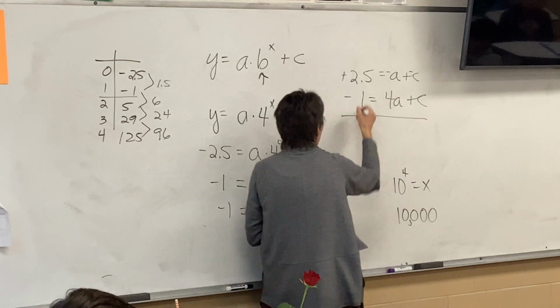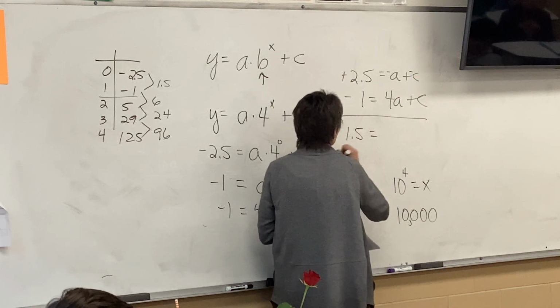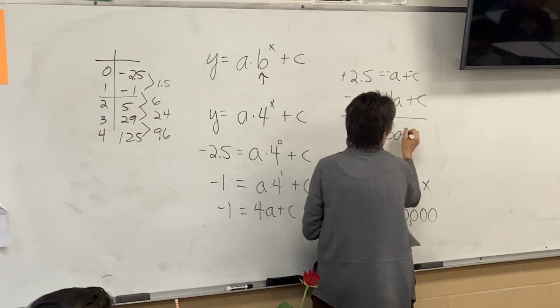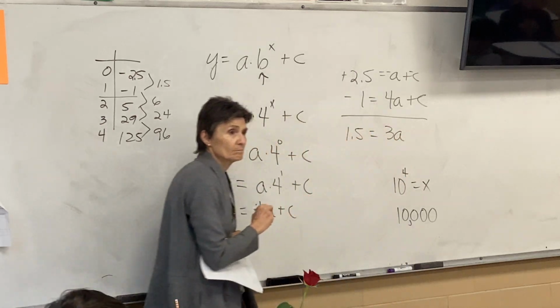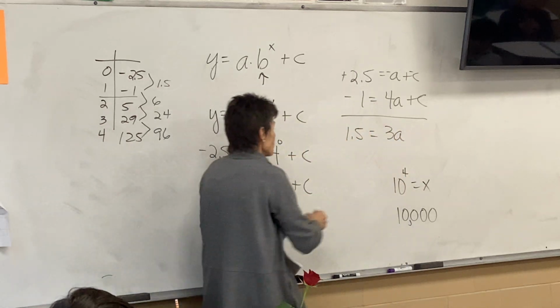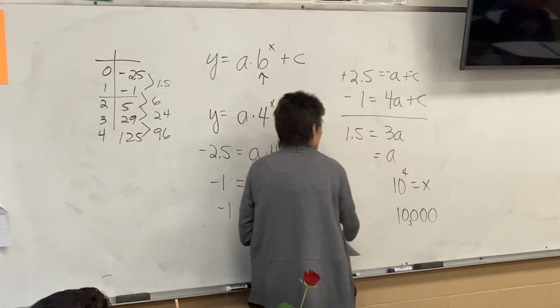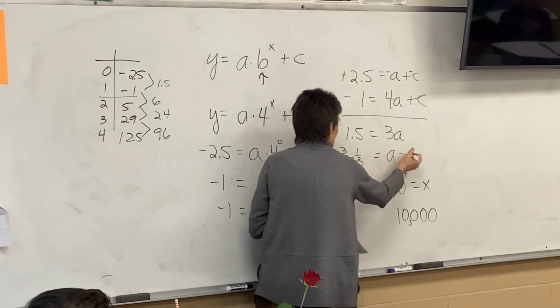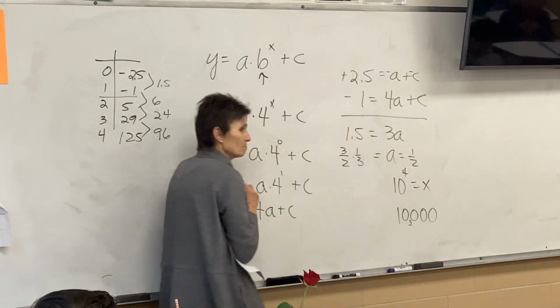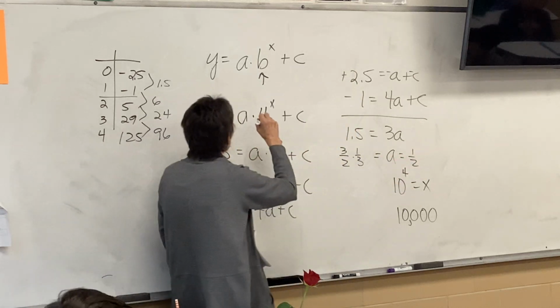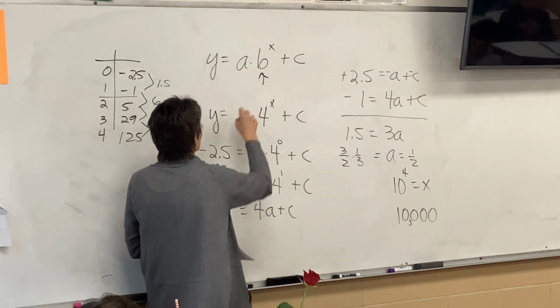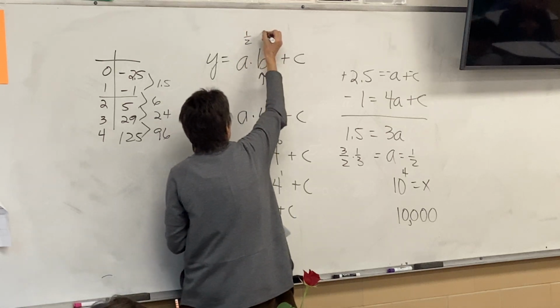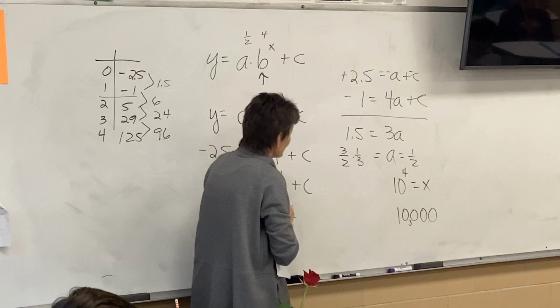So when I add, I get 1.5 equals 3a. So a equals 1.5 divided by 3, is that 1/2? So now I know my a is 1/2. And I need to find my c.